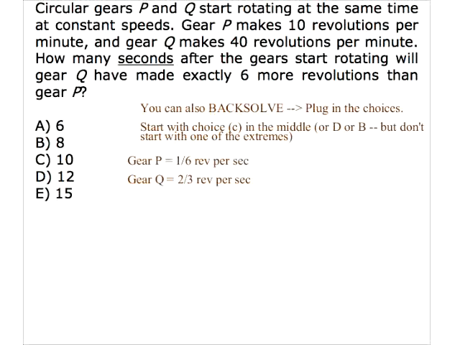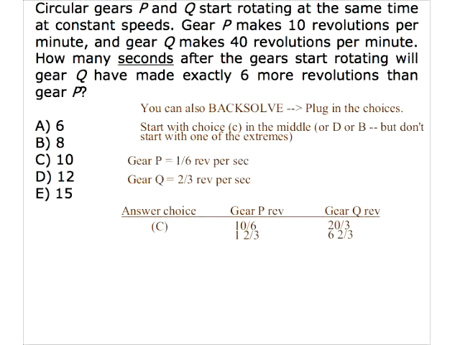So answer choice, gear P revolutions and gear Q revolutions. If the answer choice is C, then gear P goes 10/6, that's 1 2/3. And gear Q goes 20/3, which is 6 2/3.